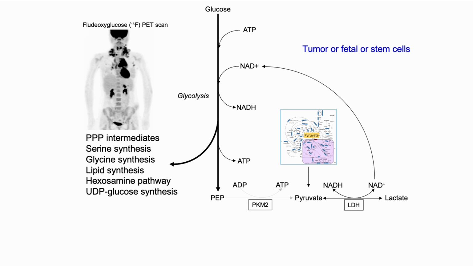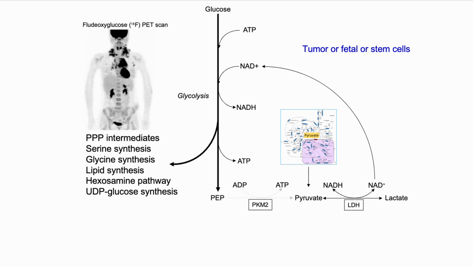However, on the fourth slide, what actually happens is a modification of the glycolysis pathways in tumor cells, and I have also indicated here that this pathway can also be found in normal fetal stem cells, and it is true that tumor metabolism looks a little bit like fetal metabolism or stem cell metabolism. Of course, in the latter two cases, it's coordinated in a good way, unlike in the tumors. And the glycolysis pathway in the tumors is extremely high.